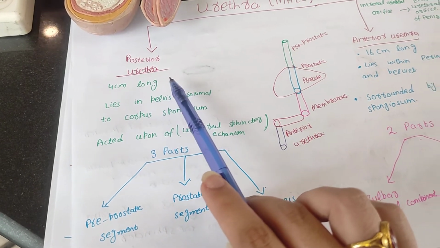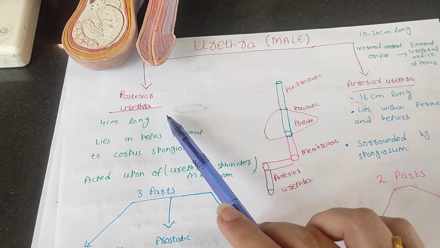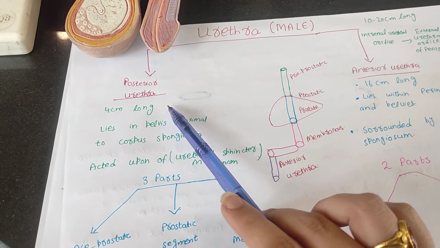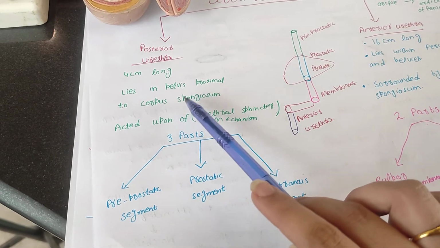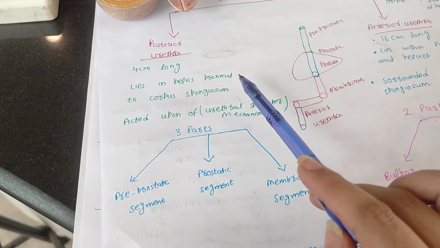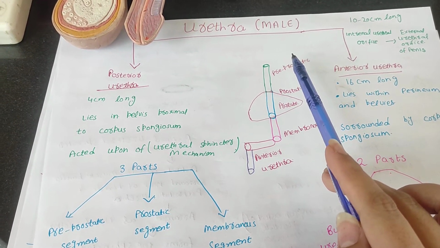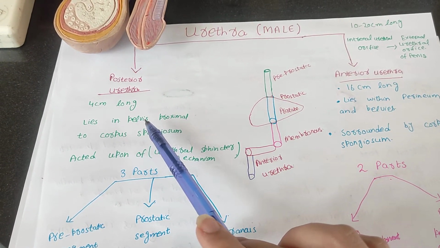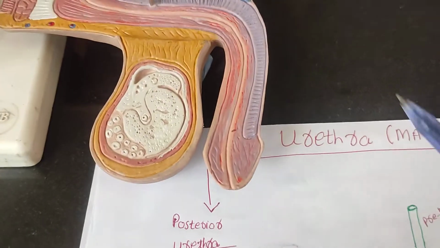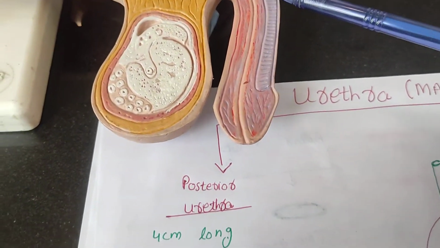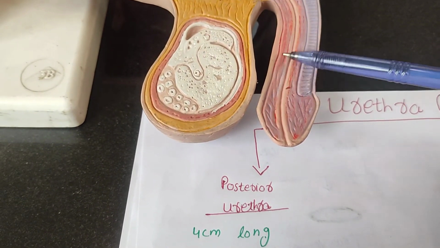First we see the posterior urethra. Of that 10 to 20 centimeters, the posterior urethra is 4 centimeters long. It lies in the pelvis proximal to the corpus spongiosum. Males have the reproductive organ, the penis, which is covered by 3 types of muscles. If we see the model here, this is the bulbospongiosus muscle.